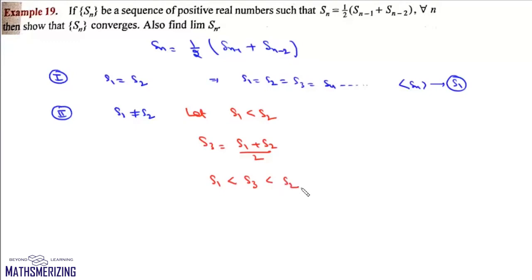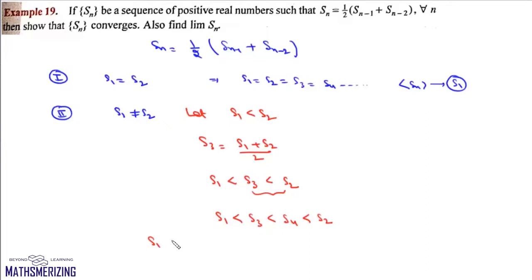Now S4 is the arithmetic mean between S3 and S2. So S4 will lie between S3 and S2. We'll write S1 is less than S3, less than S4, and less than S2. So if we continue this pattern, we'll end up getting two subsequences.